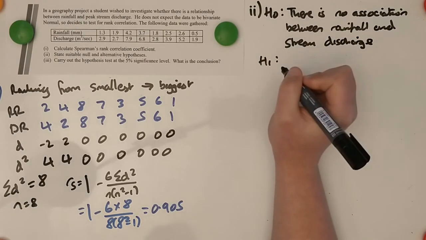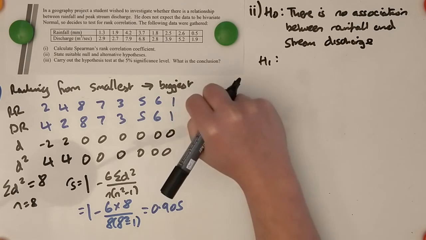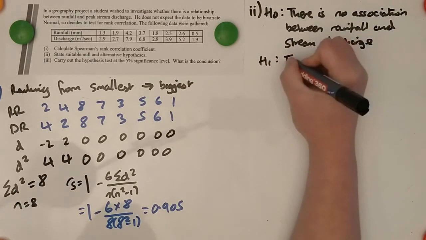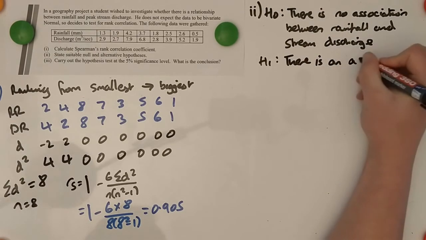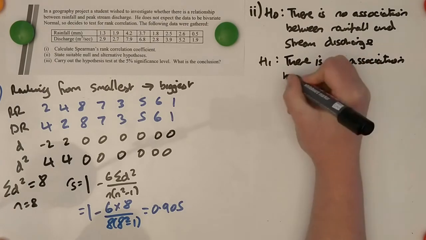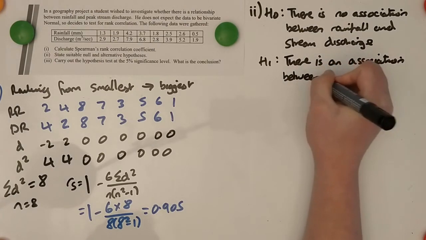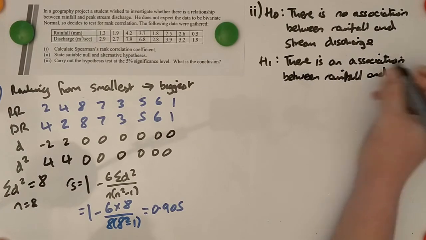H1: I'm just investigating whether there is a relationship, not if it's positive or negative. So this is two-tailed. So there is an association between rainfall and stream discharge.